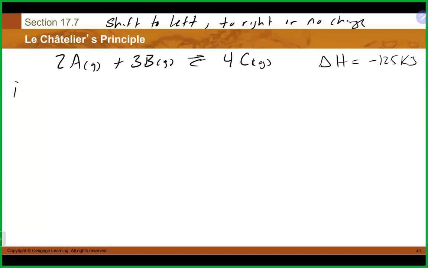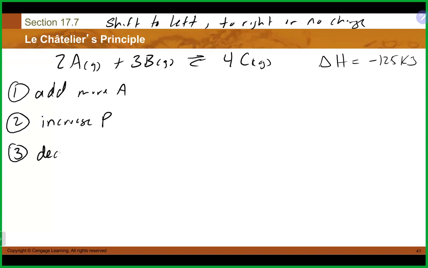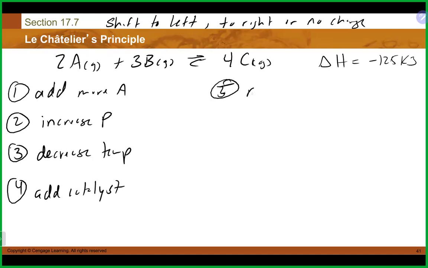All right, let's go with add more A, increase the pressure, decrease the temperature, add a catalyst, remove C, let's go with 6 here, increase the volume.